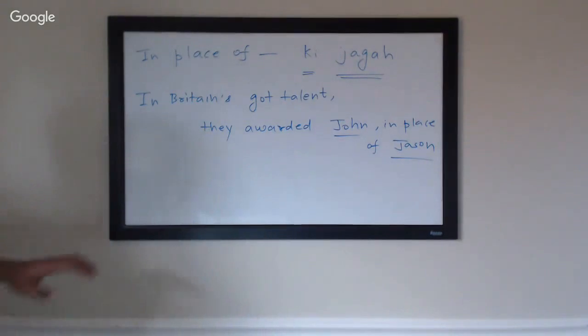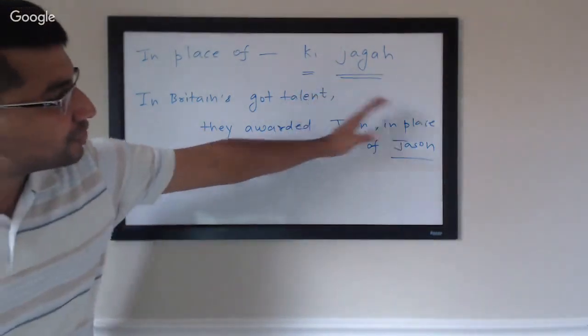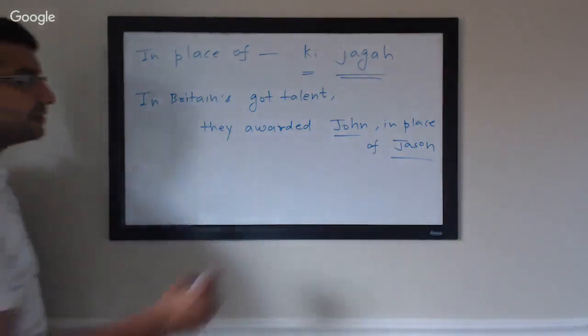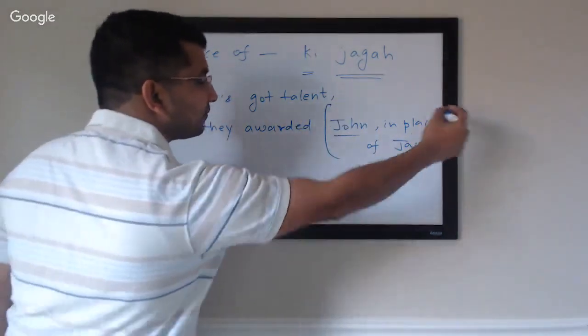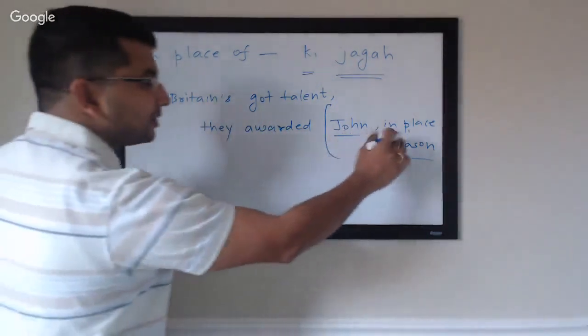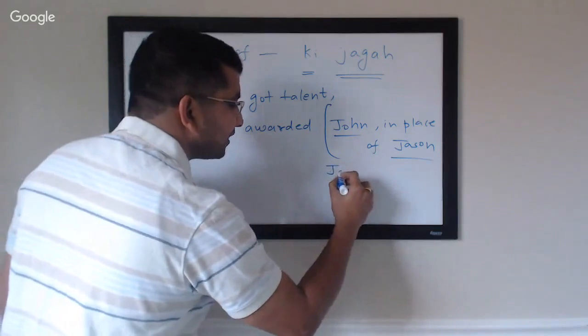If you're a beginner, just worry about the last part. Don't worry about the rest of the sentence. John in place of Jason. Okay, pretty good, right? So the first one is in place of Jason. Jason की जगह है.